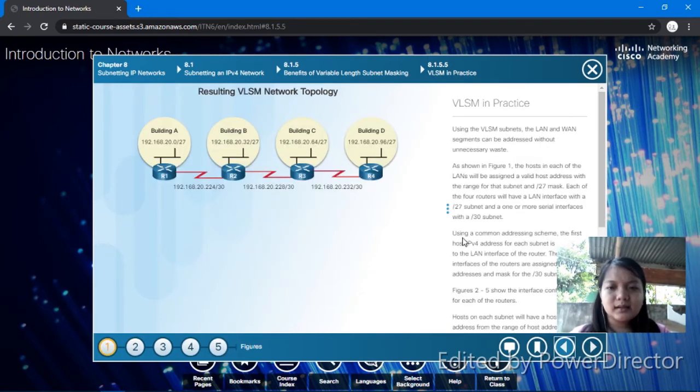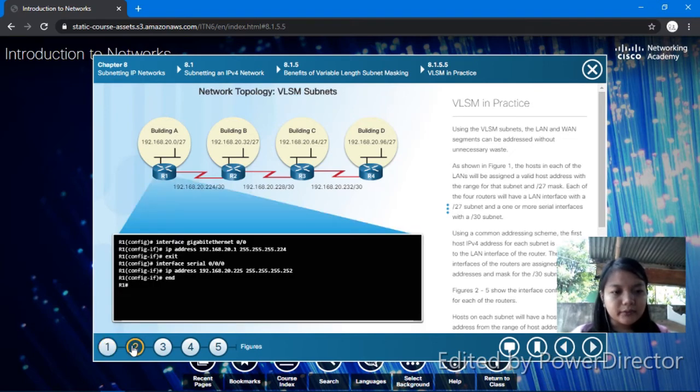VLSM in practice. Using the VLSM subnets, the LAN segments can be addressed without unnecessary waste. These are the first. They have all the same IP address and the subnet. Then let's try with the figure.